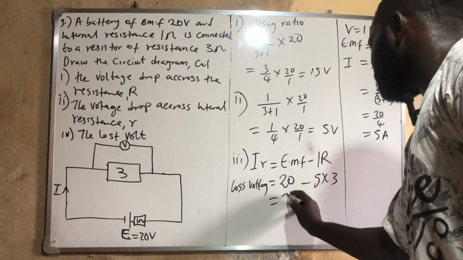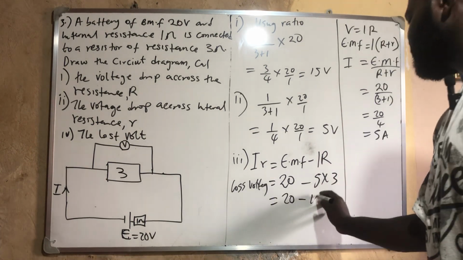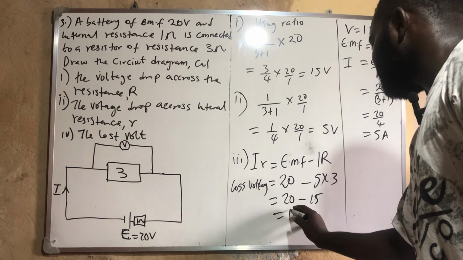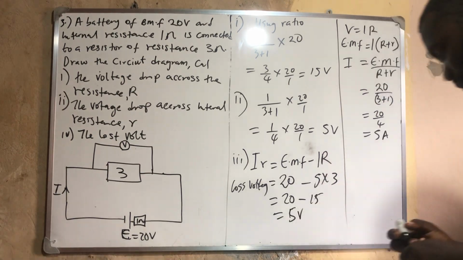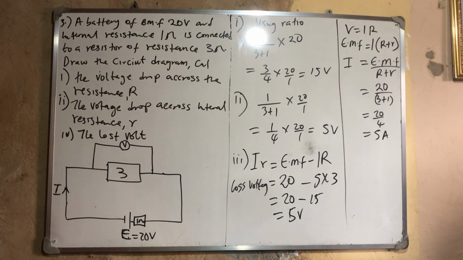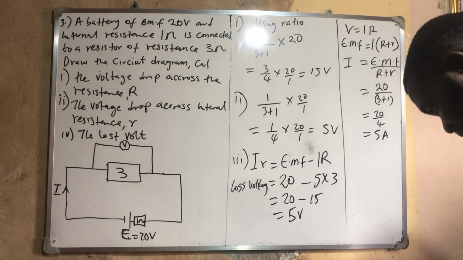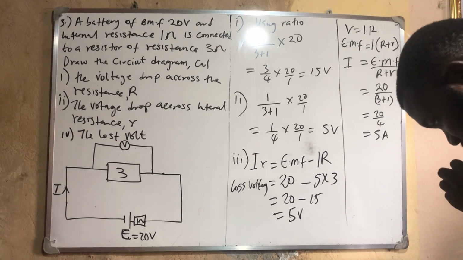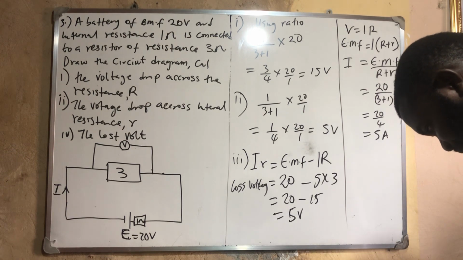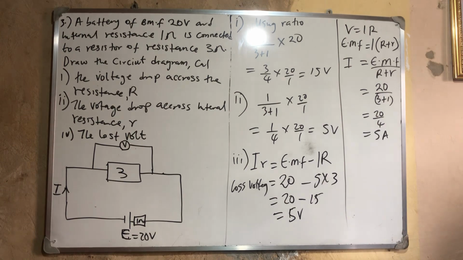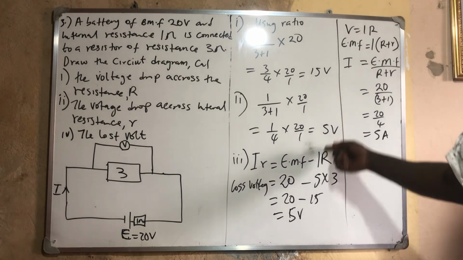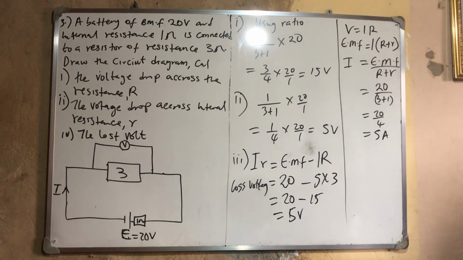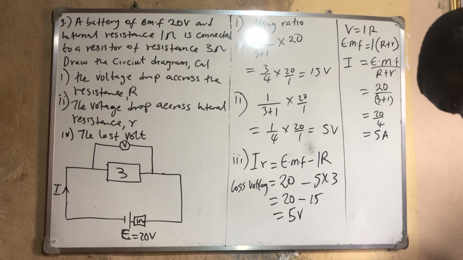So 20 minus 15, that is 5 volts. So the lost voltage is 5 volts, which is the same thing as the voltage of the internal resistor. Yes, the lost voltage is simply the voltage of the internal resistor. The same thing, 5. That is your lost voltage. All right? So that is that for that.